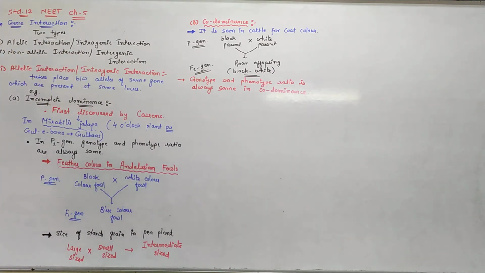Here when you do the selfing, fine. So in the F2 generation, the genotype and phenotype ratios are always the same, that is 1:2:1.